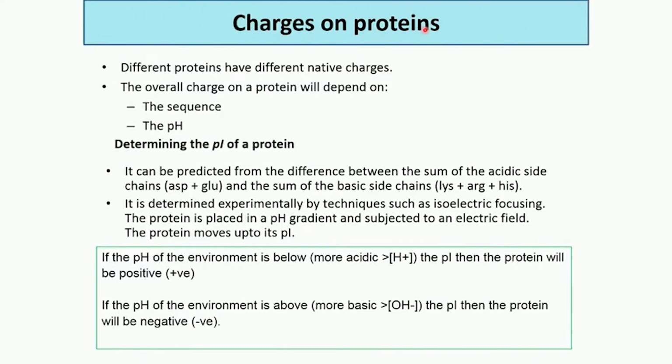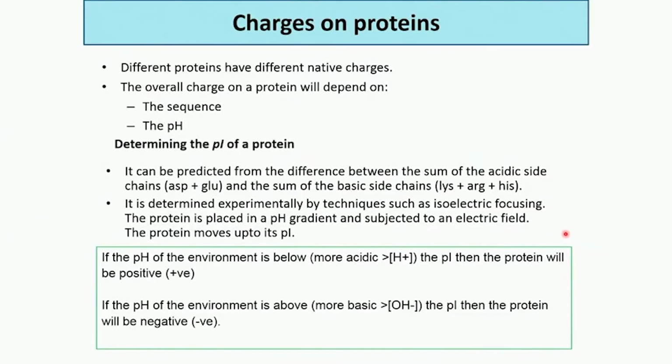Okay. Now, the question is, how do you determine the isoelectric point of a protein? Because it will be very difficult to really calculate. There are ways possibly to, but you have so many pKa's now in the protein. So, it will be very difficult to really pinpoint what is the isoelectric point.